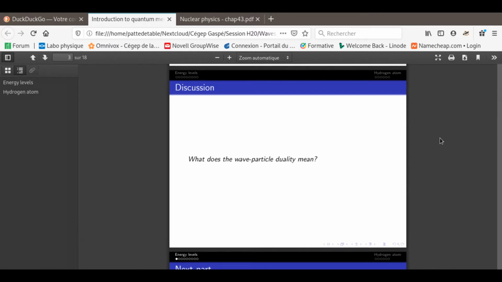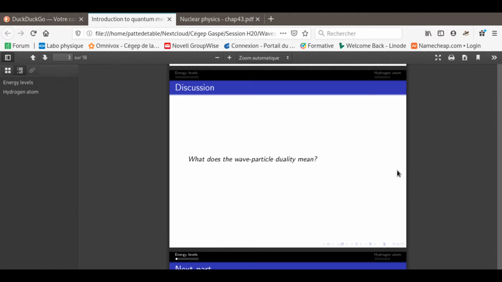In each of these two cases, for instance, for the photoelectric effect, this led us to say that light behaved as a wave whenever it traveled, and as a particle whenever it was absorbed, whenever it interacted with something. And the same thing with the electrons. They interacted with the screen as particles, as we are used to treat them, but whenever they traveled, as waves. And we called this behavior the wave-particle duality.